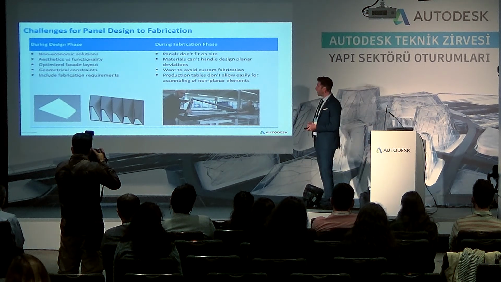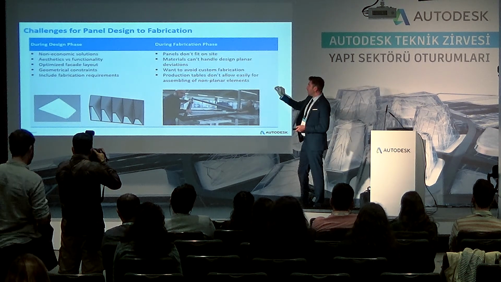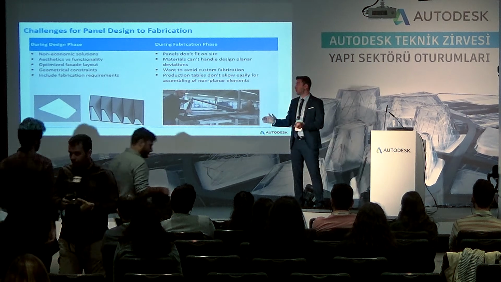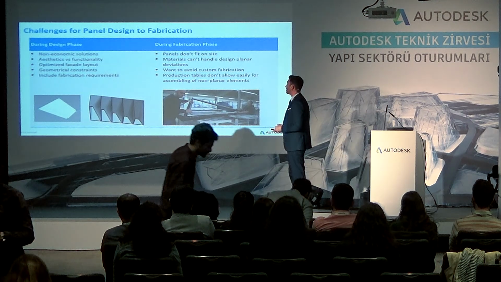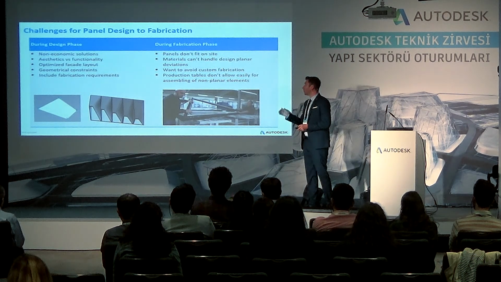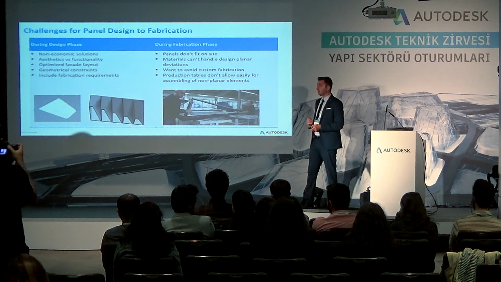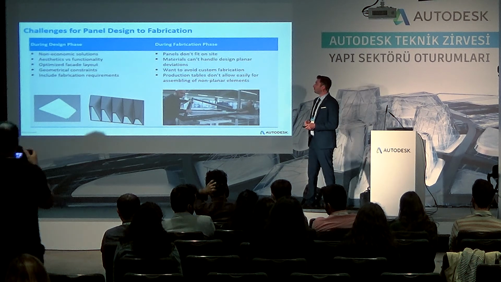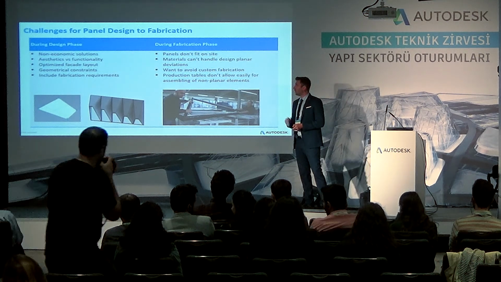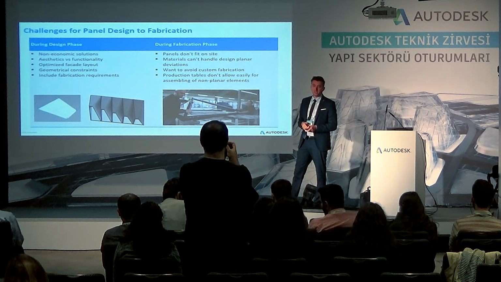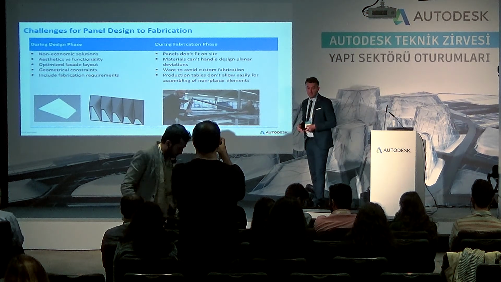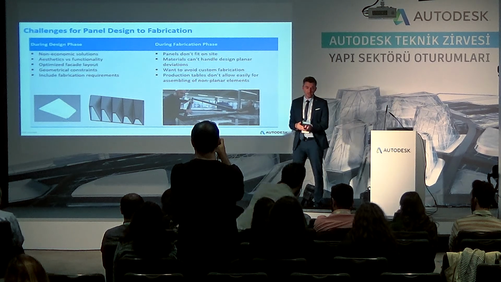So speaking of fabrication, some of the challenges is panels don't fit on site. So you have one thing in the design, when you go on site, you realize the panels don't fit. Also, materials cannot handle design planar deviation. Also, we want to avoid as much as possible custom fabrication. Custom fabrication involves more work, involves more cost, more resources.